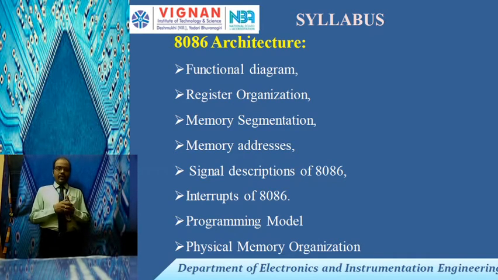The next topic is physical memory organization. For a clear understanding of this, I would like to review two topics: memory segmentation and physical address calculation of the 8086 memory.